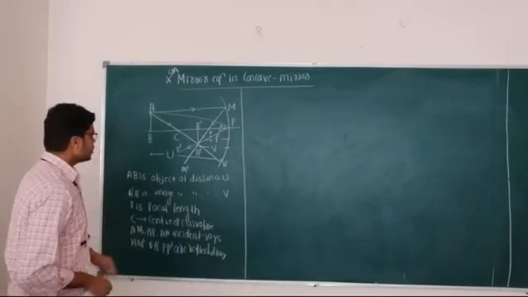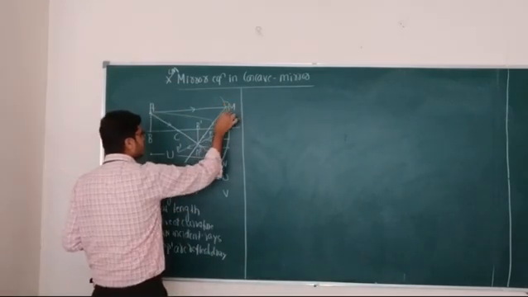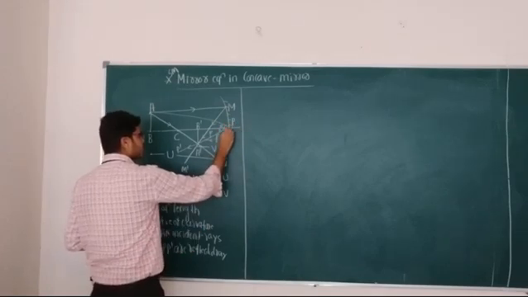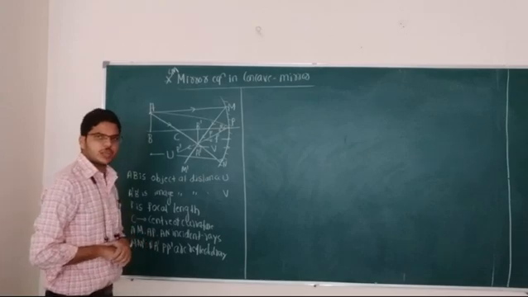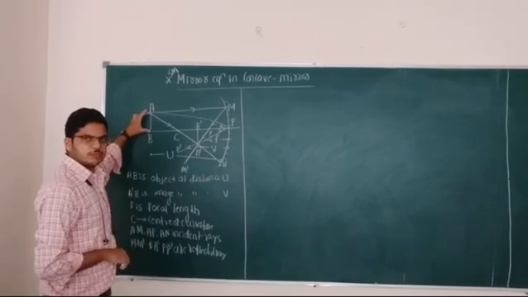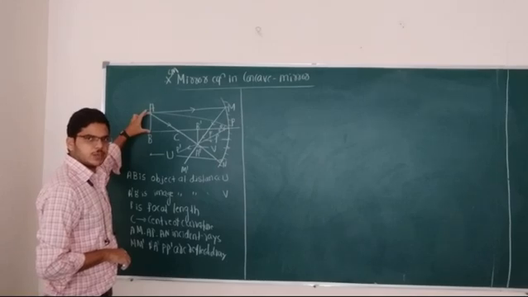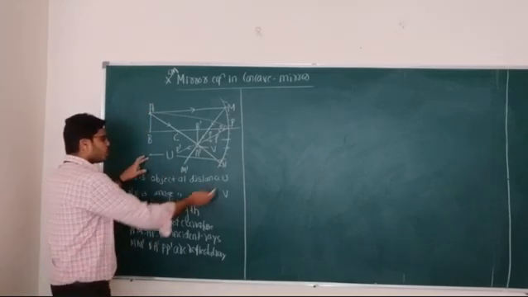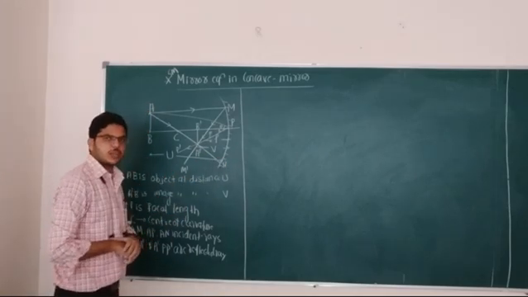Now, consider this concave mirror. Let P be the pole of the concave mirror. Let AB be the object. AB is the object which is placed on the principal axis at a distance u from the pole of the concave mirror.